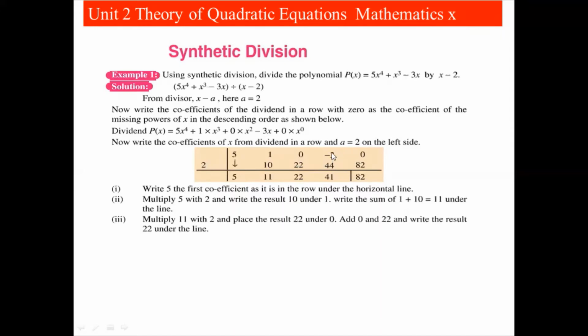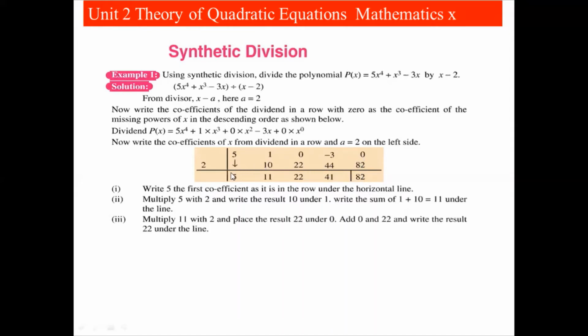Now we add these two numbers, and the sum is 41. Again we multiply this 41 with 2, and we write the result, 82, under 0. So now we add 0 and 82. This is equal to 82.